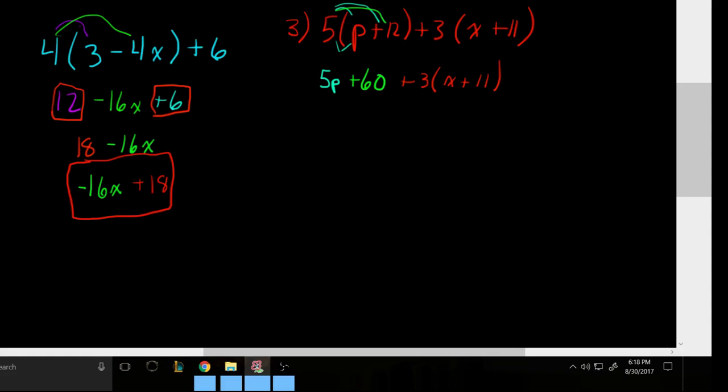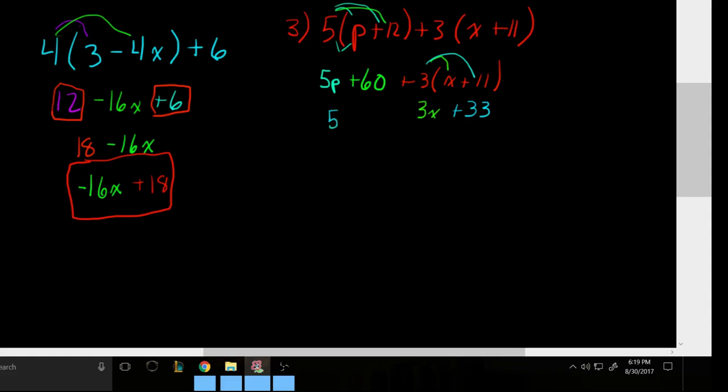So now I'm going to distribute this 3. We need to do 3 times x. And then 3 times 11. 3 times x will give me 3x. And 3 times 11 is positive 33.